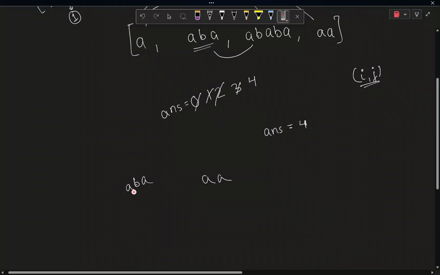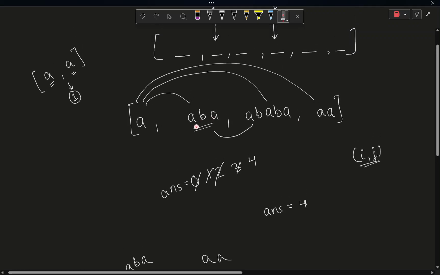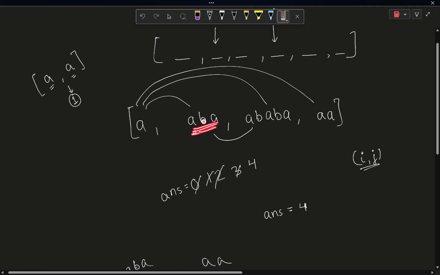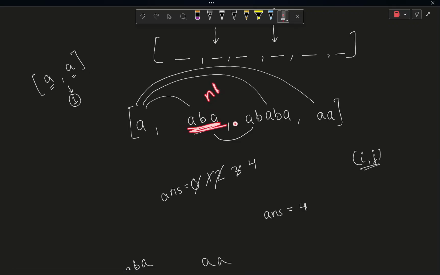I just want to iterate over the first string and check, if the string is having n1 number of characters, if the first n1 number of characters in the bigger string, or in the second string, are all equal to the characters of this string or not. If all of them are equal, in that case, this is a prefix in this string, otherwise no.